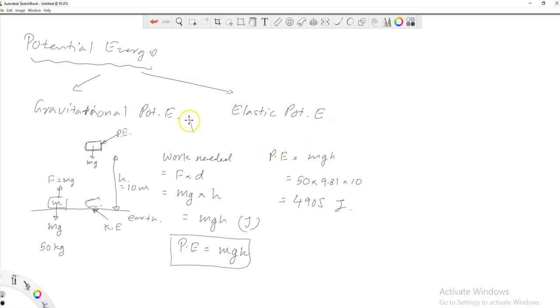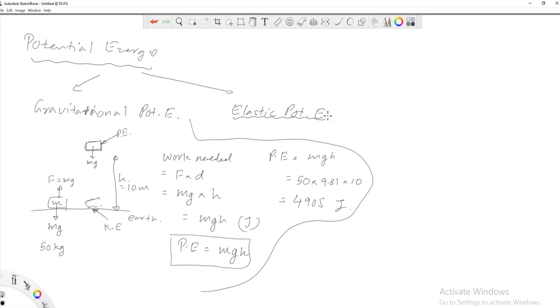Okay, so that is all gravitational potential energy. Now let's talk about elastic potential energy. Due to changes in shape, you can take an object and purposely make changes to the shape. You can compress it, stretch it, squeeze it, make some deformation. And many things we see around us try to go back to their original shape.